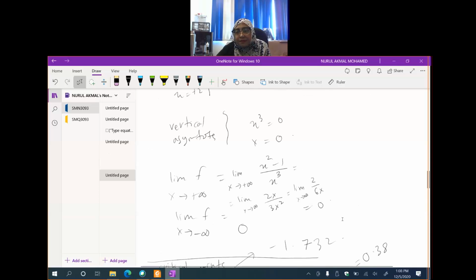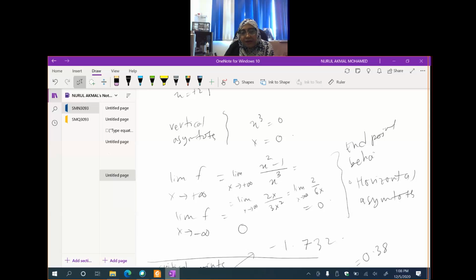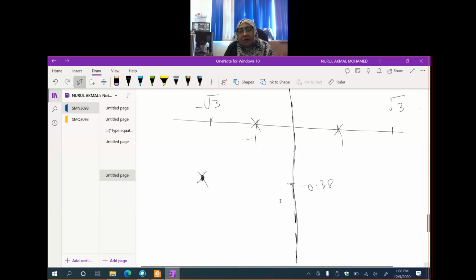Okay, what else do we miss here? The limit of f as x tends to plus infinity. This is for the horizontal asymptote, or for the endpoint behavior. Endpoint behavior is always for the horizontal asymptotes. So we have the horizontal asymptote at y equal to 0.